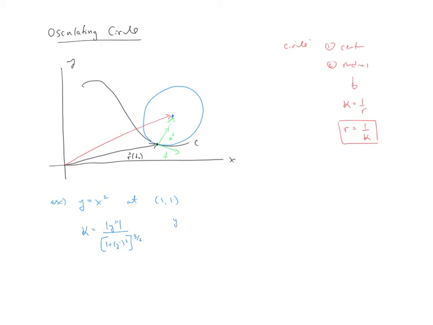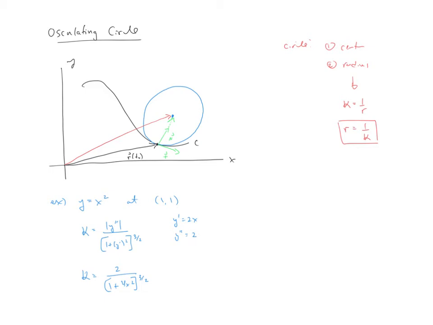In this case, it's pretty straightforward. If our y is x squared, our y prime is 2x, and our y double prime is 2. So kappa is going to equal 2 over (1 plus 4x squared) all raised to the 3 halves. This y prime is 2x, and when I square it, it gives me 4x squared. This is the curvature predictor, if you will.